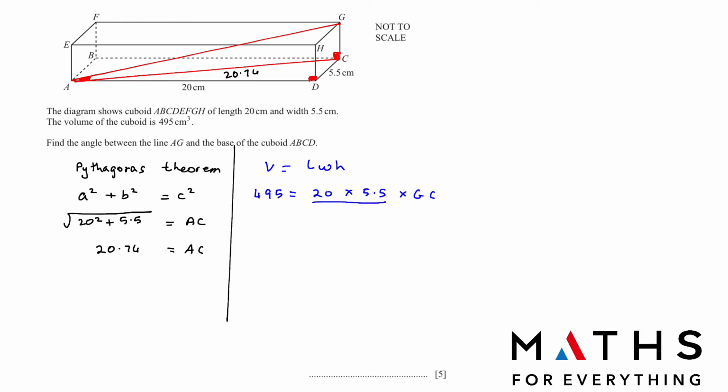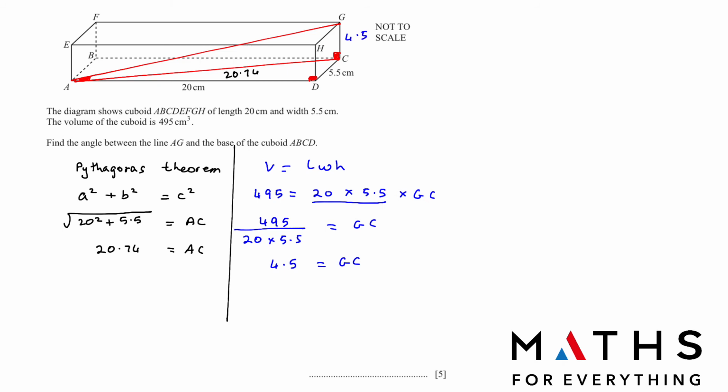This whole thing I will shift to the other side. It will be divide. You can either put in the calculator and get the value at this point and then shift it, or do the whole calculation at one go. You are using a calculator, so it doesn't really make a difference. And we got 4.5 is our GC.